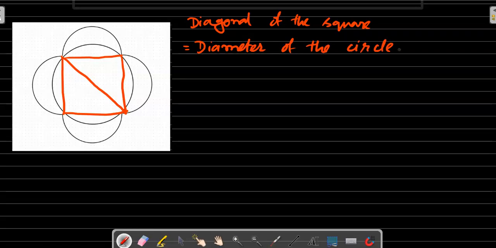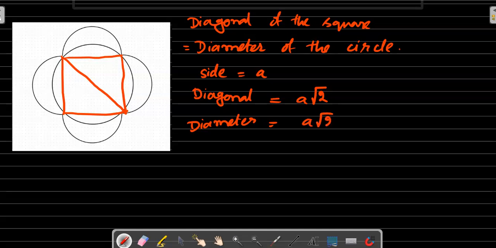Let's find diagonal of the square. Side of the square is equal to A. Therefore, diagonal of the square is equal to A root 2. Therefore, diameter of the circle is equal to A root 2. Therefore, radius of the circle is equal to A root 2 by 2. Therefore, radius of the circle is equal to A by root 2.